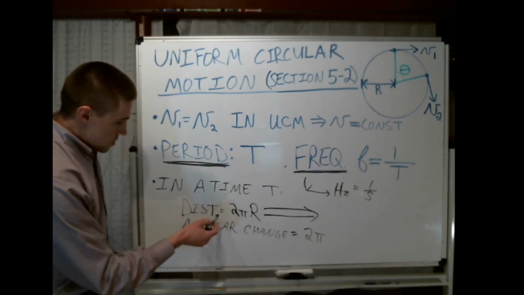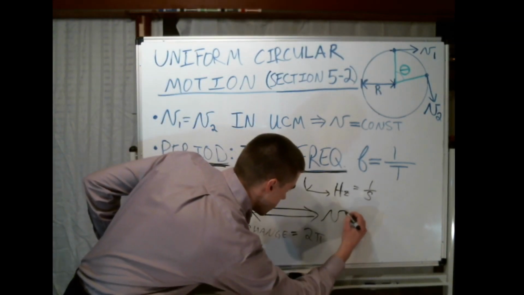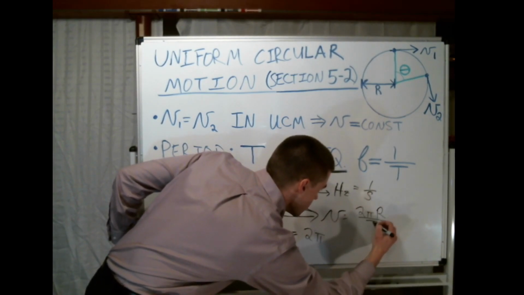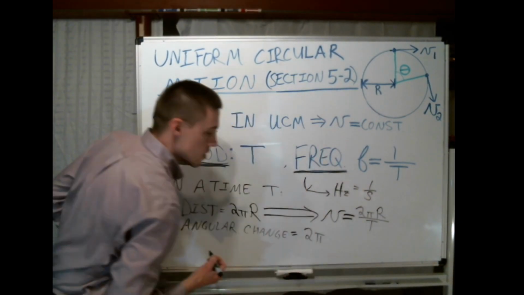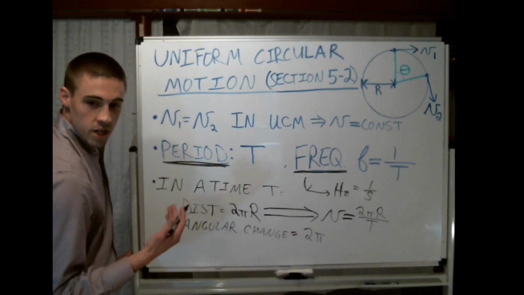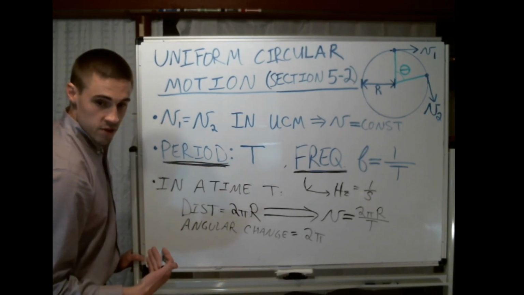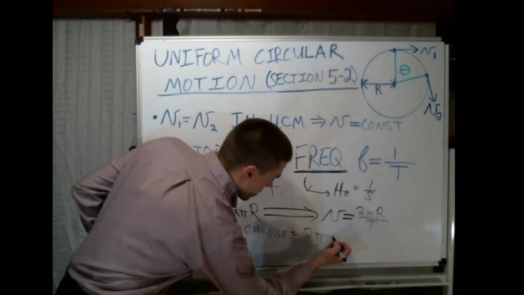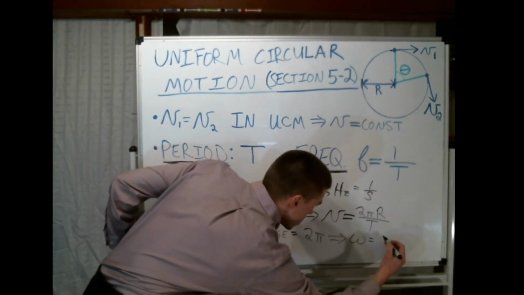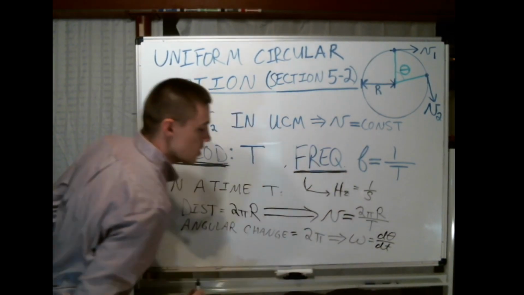If an object travels 2 pi r in a time span T, that means its speed v is 2 pi r over T. And if the angular change is 2 pi, we can define another related kind of velocity called an angular velocity. We denote that omega, where omega is the change in the angle over the change in time.